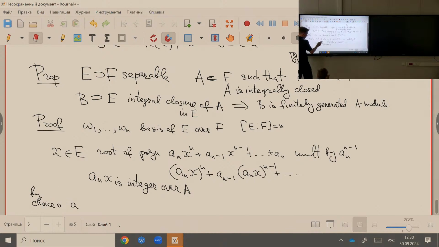Yeah, so you think that all a_i are elements of A, so you can put it into the formula.